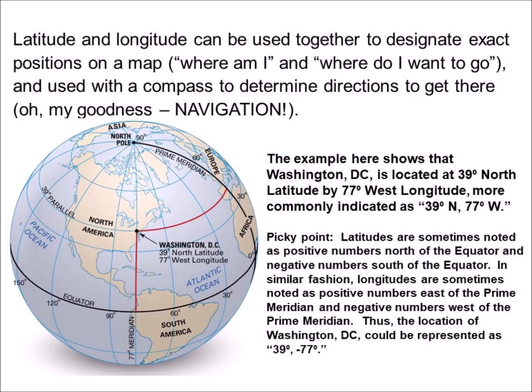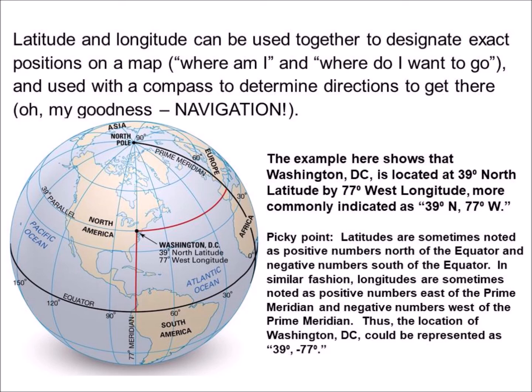So the example shown in the picture here shows that Washington, D.C. is located at 39 degrees north latitude by 77 degrees west longitude, more commonly indicated as 39 degrees north by 77 degrees west. As an aside, when coordinates like this are given, latitude is always given first, followed by longitude.